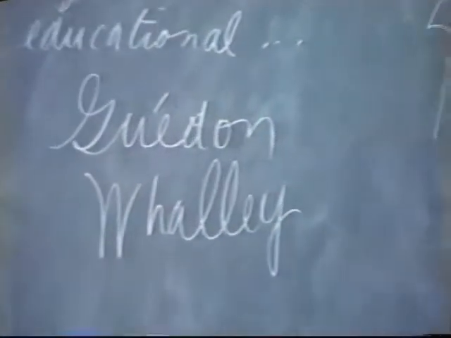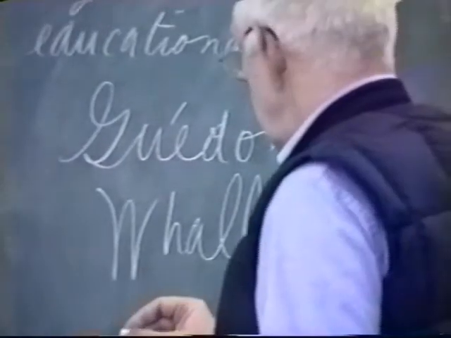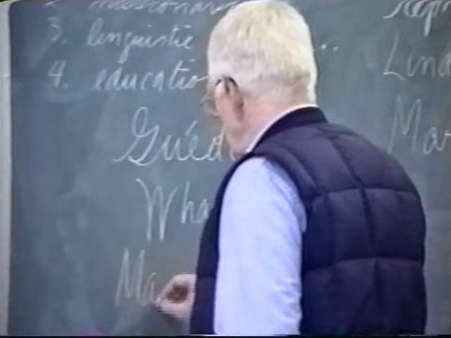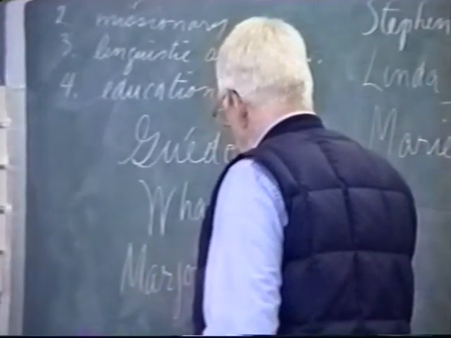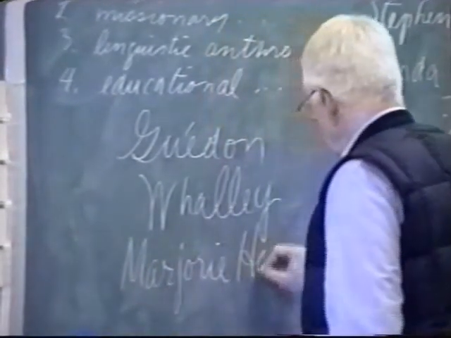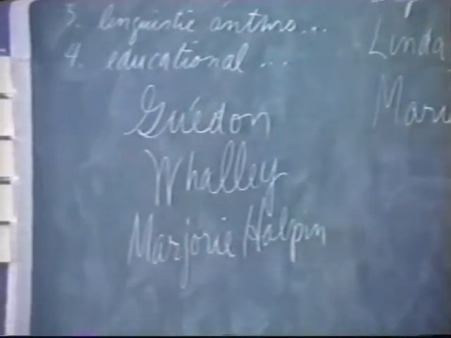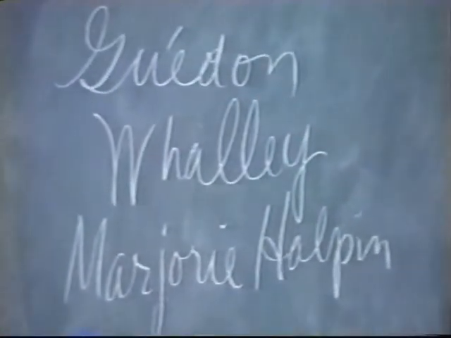But the other person who I should have mentioned there, whom Rosalind worked with and who has long-term interests here, is Marjorie Halpin, who is still, I think, at the Museum of Anthropology at UBC.